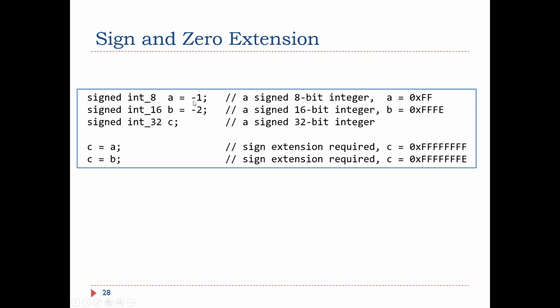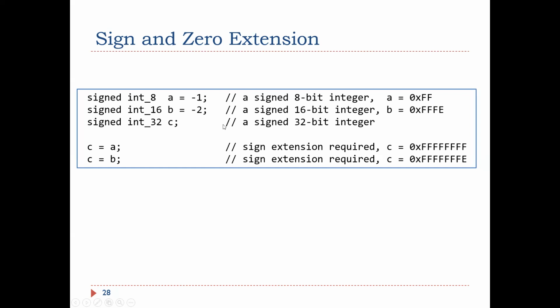This byte will be copied to the lowest byte, byte number 0, and bytes 1, 2, and 3, if you don't have this sign extension, will be 0. So suddenly the -1 becomes 255, because if it is unsigned and all of them are 1, then it is 255.